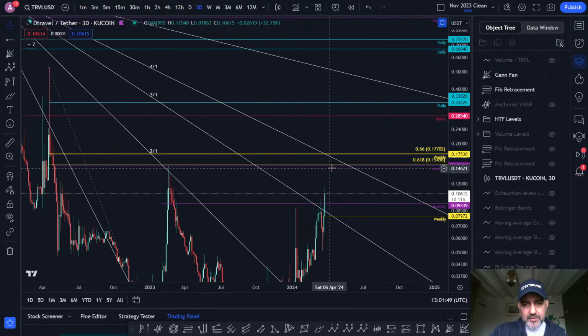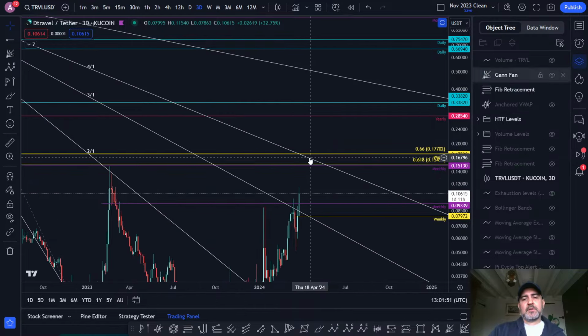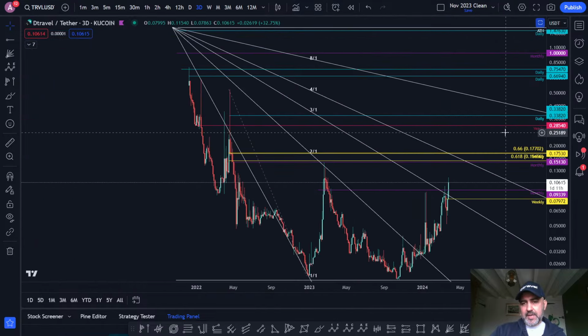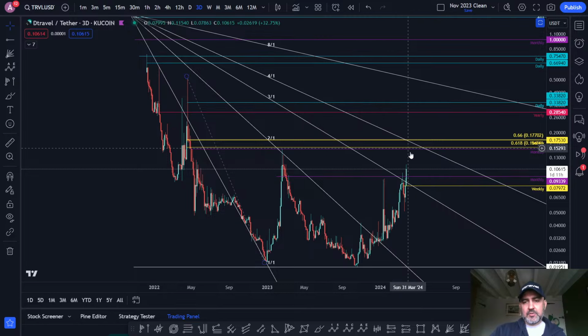You know, you've got a little bit of confluence in this area, you know, especially with that 4-1 GAN. The GAN has been reacting nicely. There's no reason to think that it's not going to react again.